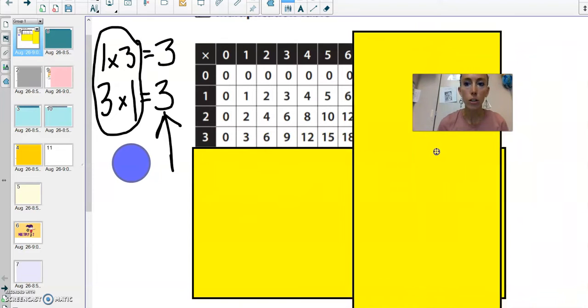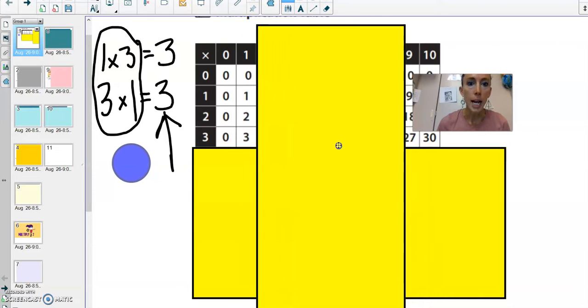So I'm going to take another sheet of paper and line it up with the 1, the other factor. And now I can see that there is my product right there, and I could put my game marker piece over that. So if 2 sheets of paper help you find where that product is, use them, okay? Go ahead and practice. Come back to me when you're ready, okay?